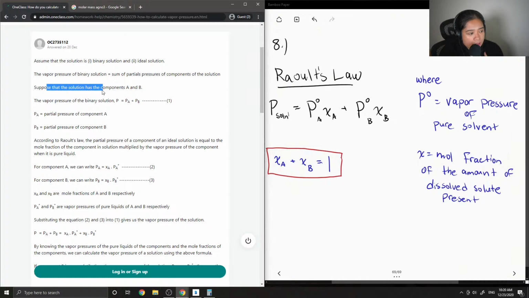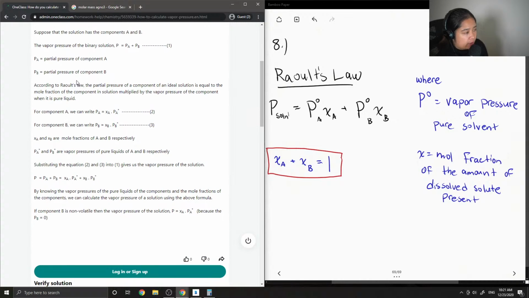So suppose that the solution has the components A and B. The vapor pressure of the binary solution is equal to the partial pressure of component A plus the partial pressure of component B. According to Raoult's law, the partial pressure of a component of an ideal solution is equal to the mole fraction of the component in solution multiplied by the vapor pressure of the component when it is pure liquid.